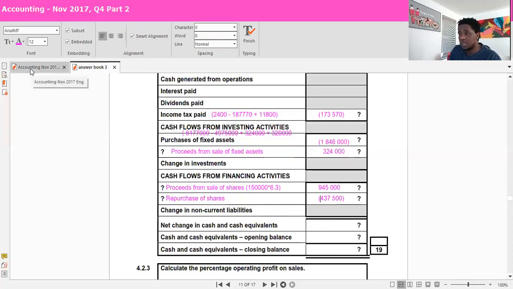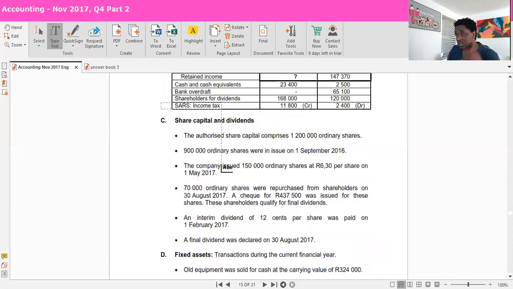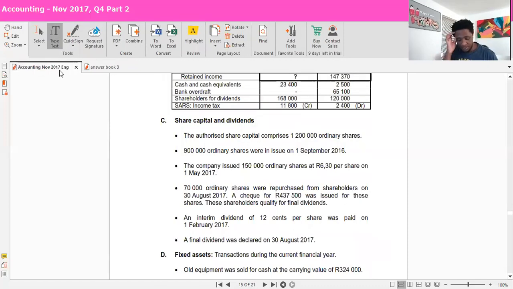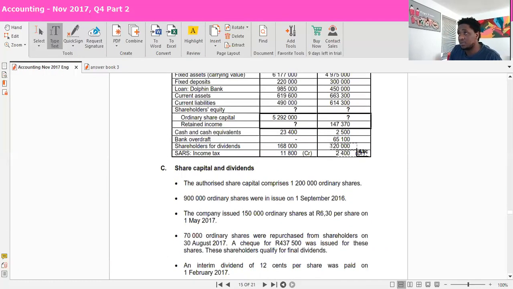When it comes to cash and cash equivalents, before we go into the net change, I would advise that you start with the opening and the closing balance, because those are the ones that will assist you in calculating the net change. So what you need to do is go to your balance sheet and look at your cash and cash equivalents.